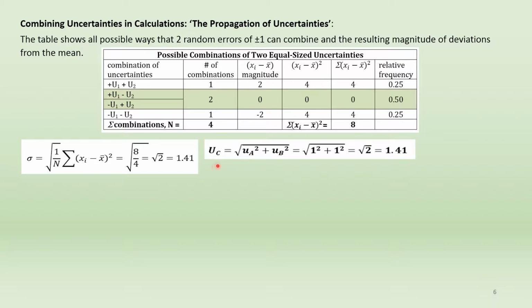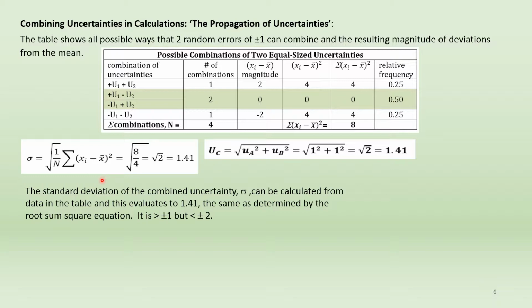Now recall that is the very same number that's derived from the root sum of squares equation from the GUM. The absolute standard uncertainty is the root of the sum of the squares of the individual uncertainties. So look at the agreement here. We're saying that the standard deviation of the combined uncertainty can be calculated from the data in the table using the standard deviation equation, and that evaluates to 1.41.